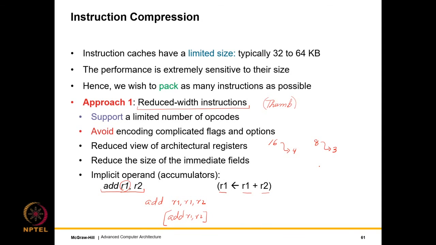Much of this we will understand in chapter 7, when we see how caches are designed and how the memory system works. But till now, you simply need to believe me that if we can store more instructions in the I-cache, it is always better. And this is a fairly effective method of increasing the storage density within the I-cache.